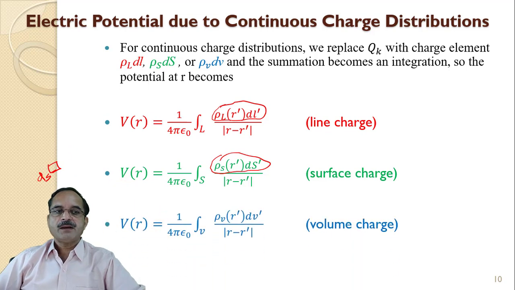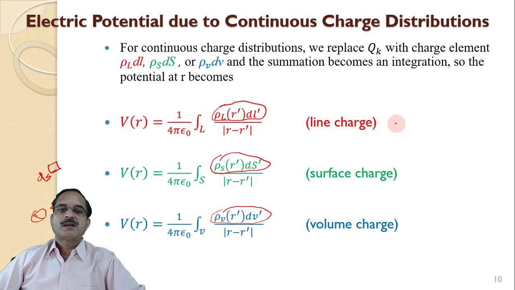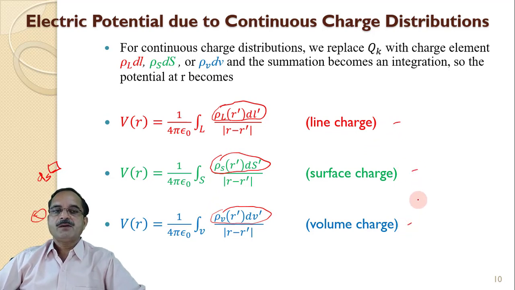In the same manner, if we have some volume, this is the volume dv, and because of the volume charge density, rho V dv is the charge. So instead of summation, this becomes integration. These are the expressions for potential because of line charge, surface charge, and volume charge.